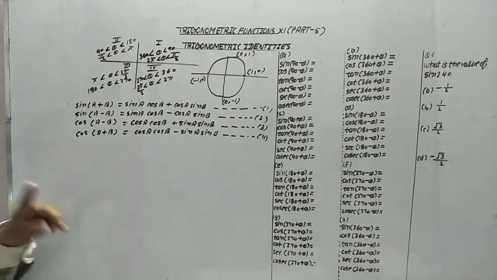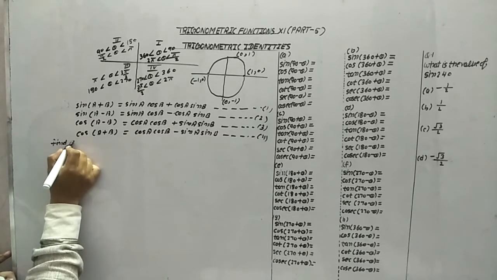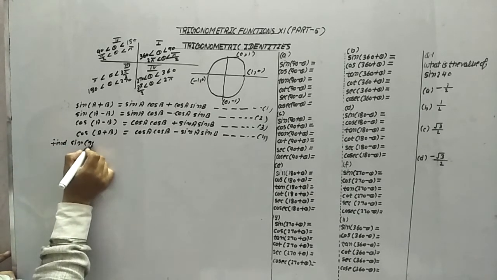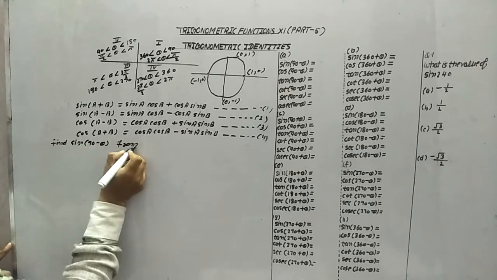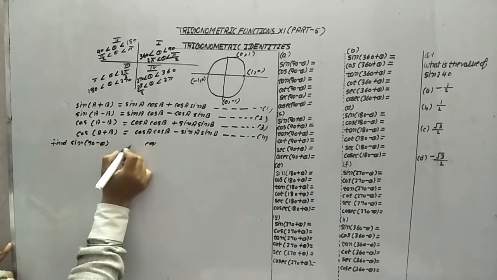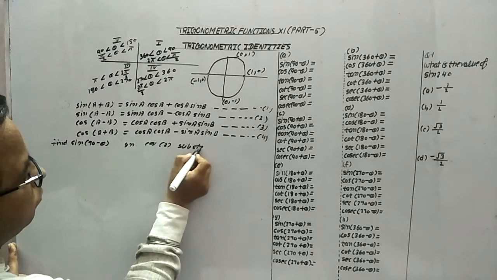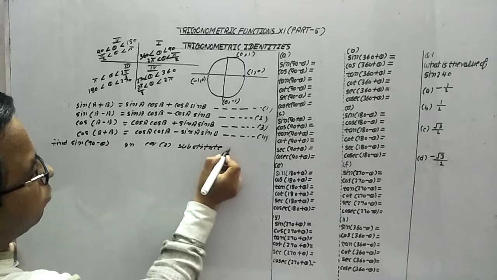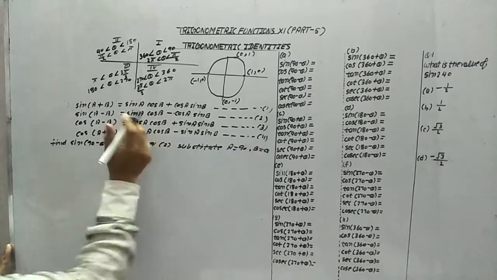Now look at this. Suppose we have to find the value of sine 90 minus theta. So for 90 minus theta, in equation 2, substitute a is equal to 90 and b is equal to theta. This is the way to do the proof.